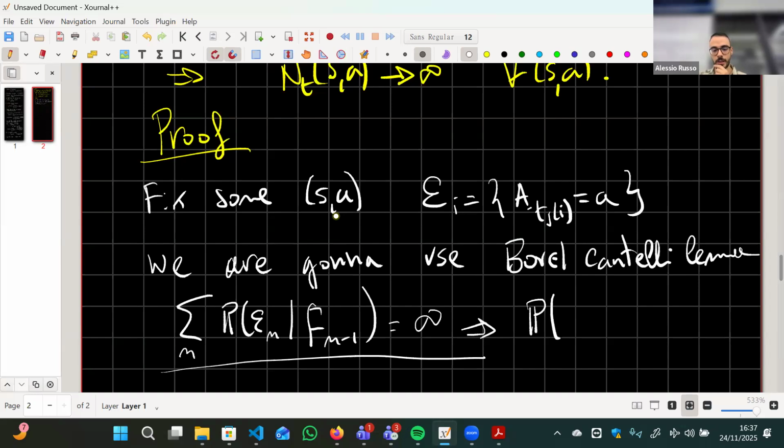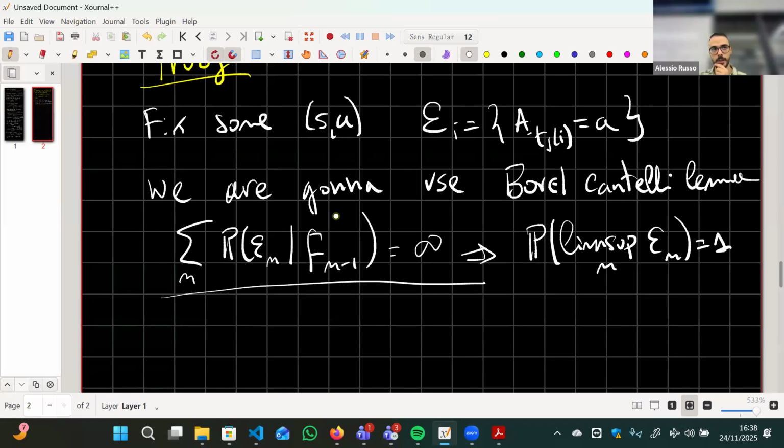then the event E_n satisfies this equation here.